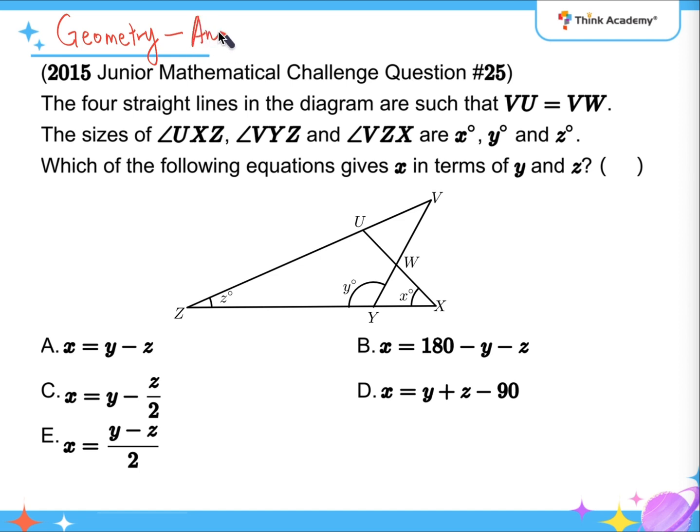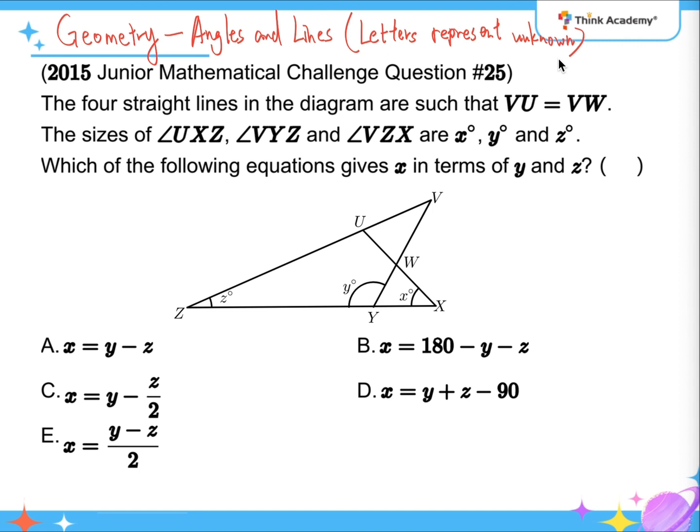So I would say that it's on the angles and lines. Also, it includes the knowledge for using letters to represent unknowns. So this is related to both the geometry module and the algebra module.